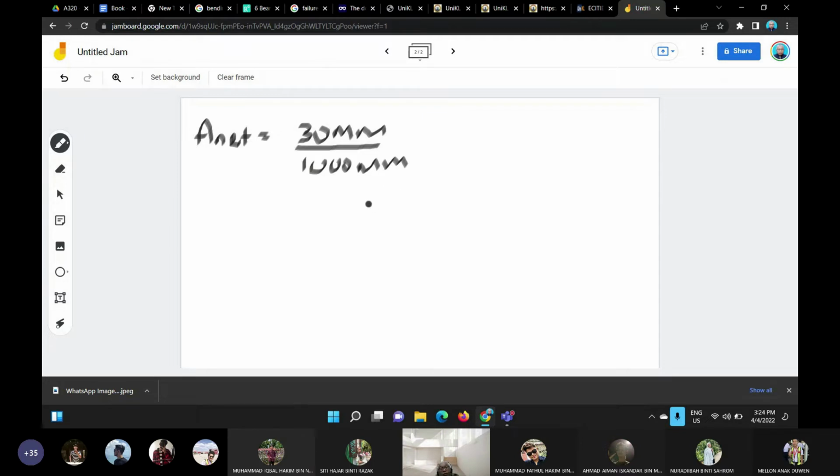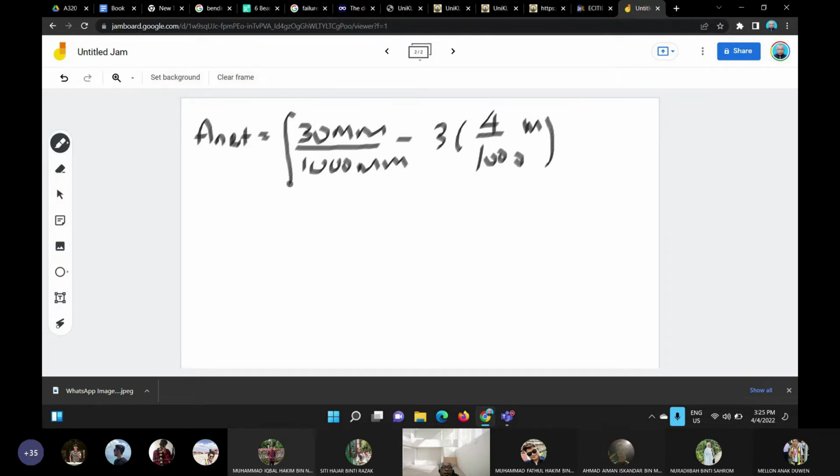If not, you get this wrong. Minus, you have 3 fasteners. Say each fastener is 4 mm each. So 4 over 1000, and then you get meter.